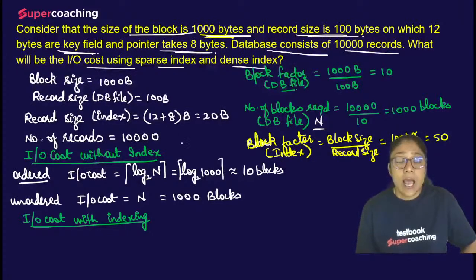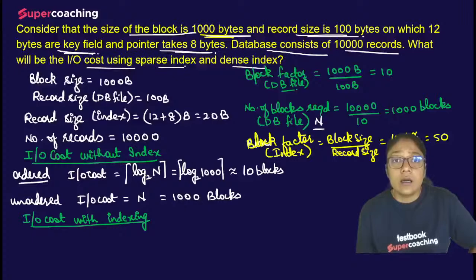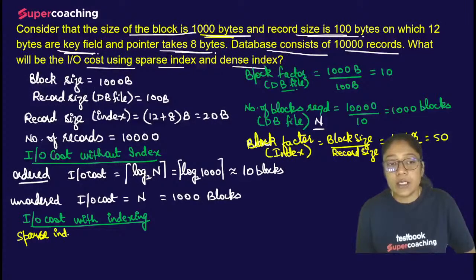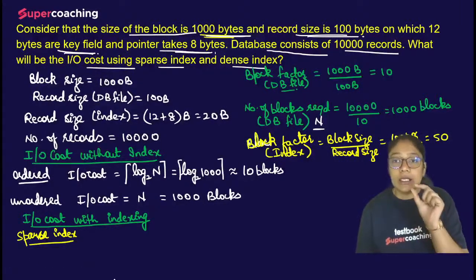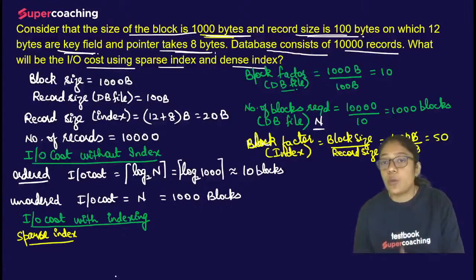Yes. Now it is saying that using sparse index and dense index. So in indexing we have to consider the concept of sparse index. In sparse index, the number of entries will be how much? Sparse index means for each block we will be storing only one entry.